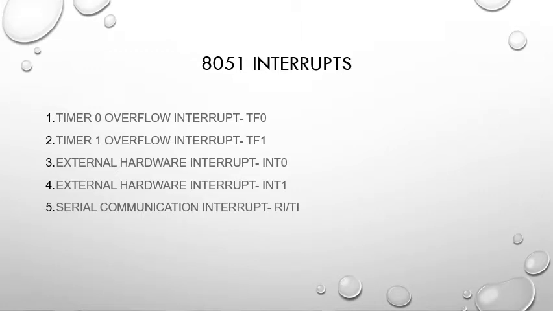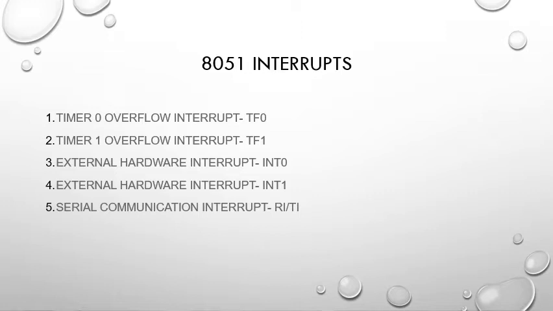The 8051 microcontroller can recognize 5 different events that cause the main program to be interrupted from normal execution. These 5 sources of interrupts in 8051 are the timer 0 overflow interrupt, the timer 1 overflow interrupt, the external hardware interrupt INT0, the external hardware interrupt INT1, and finally the serial communication interrupt.